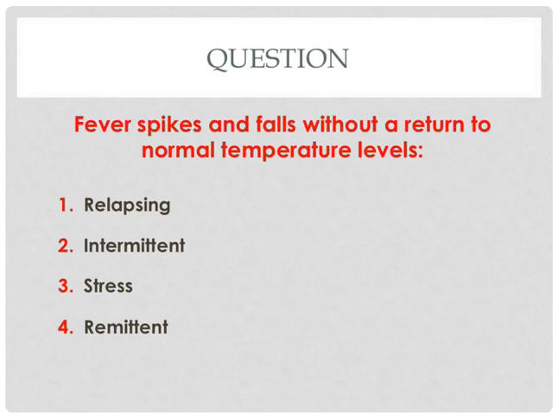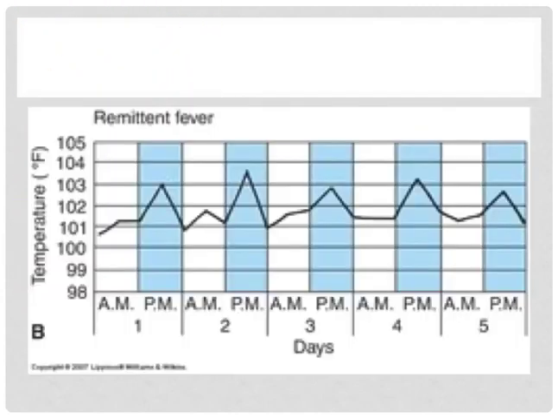Remittent, right? So we'll see the graph. With remittent fevers, you can see here on day one they climb up with the fever, and the normal, let's say, is around here. So they start out normal here, and then they spike. They come back sort of close to normal, but not normal, and then they spike again and come back close to normal.